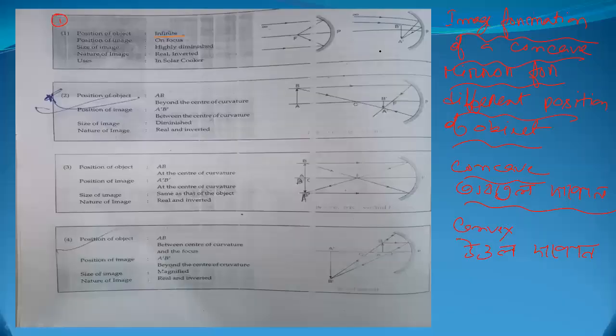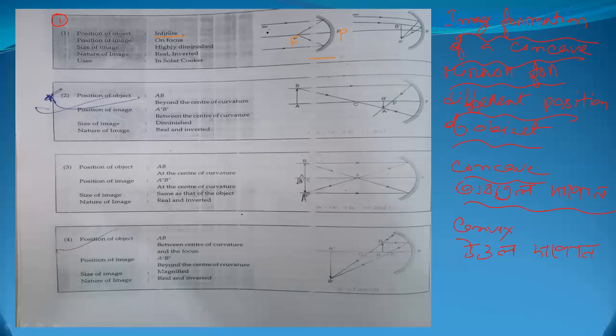Now all of you draw this figure. First draw this concave mirror. This is the P and this is the F. Now see, infinity means what?